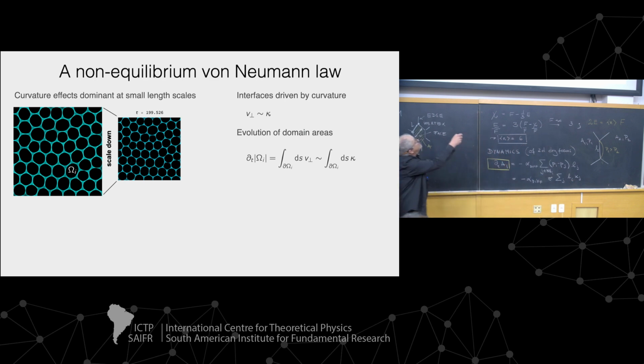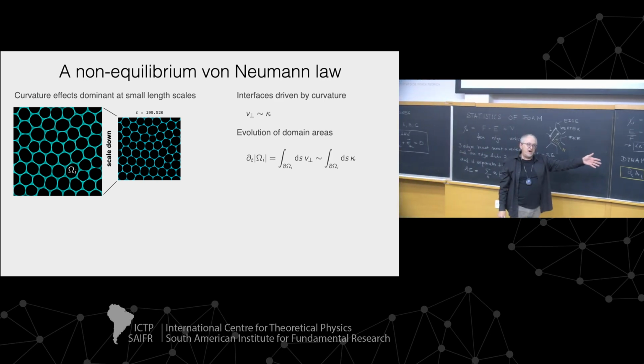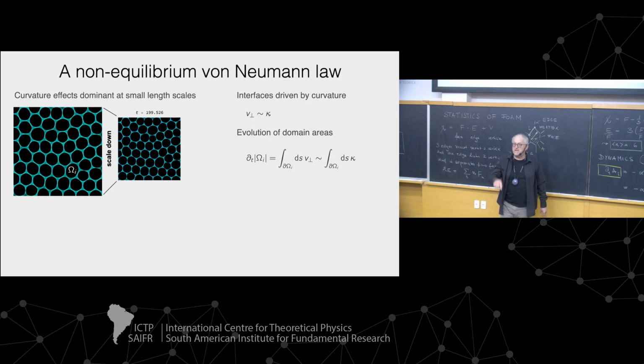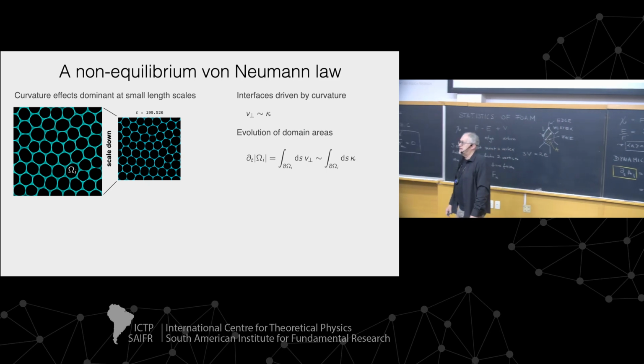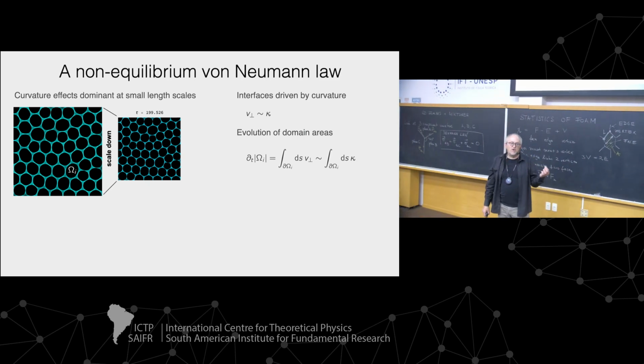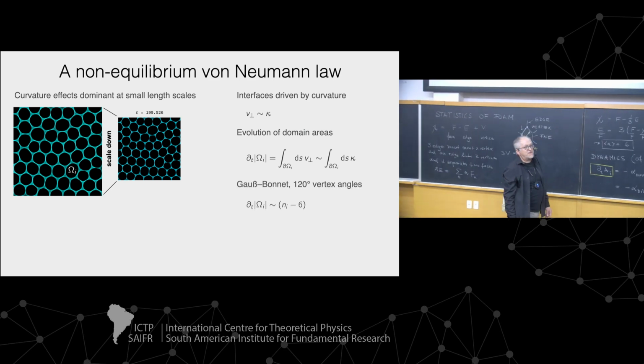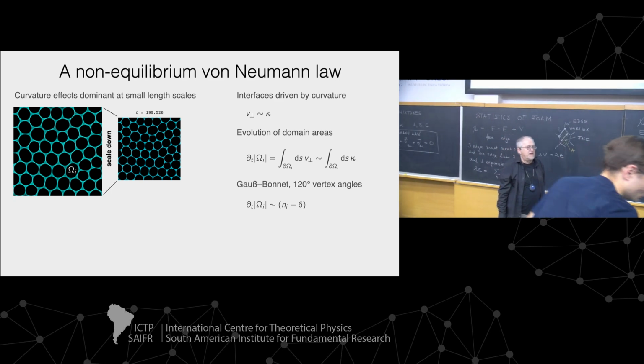In our system here, the diffusion-reaction dynamics gives a flow, a velocity of the boundary, that's also proportional to curvature. That's something you can check. It's true for this system. And once you know that it's proportional to curvature, you just insert it into the corresponding equation, and using nothing but the Gauss-Bonnet theorem, you get the same result. There is no pressure here.